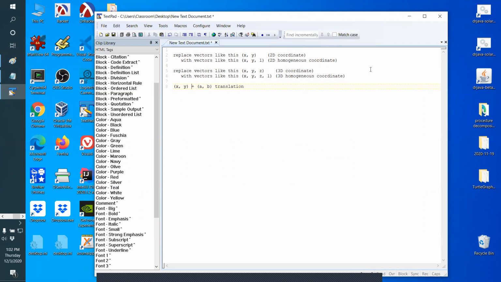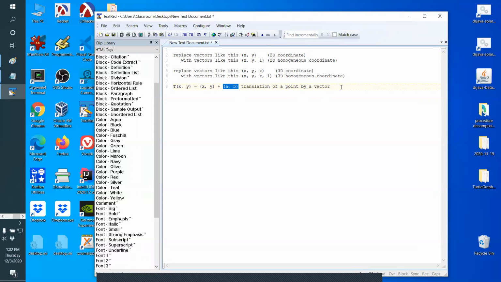Translation of x, y equals x, y plus a, b. Translation of a point by a vector is just to add the vector on.